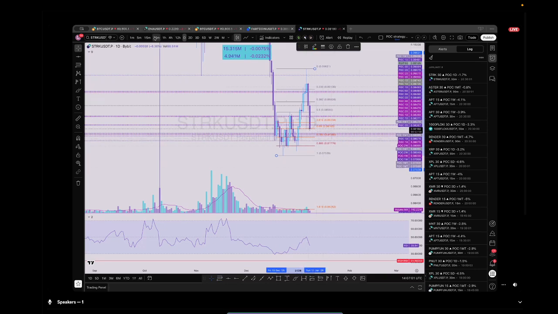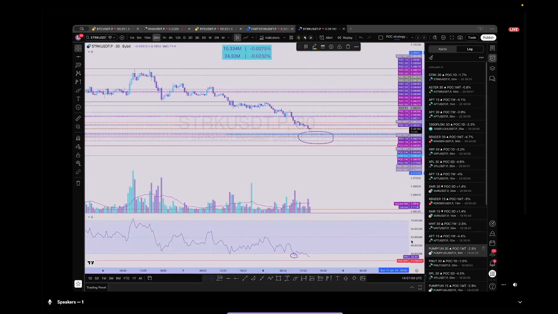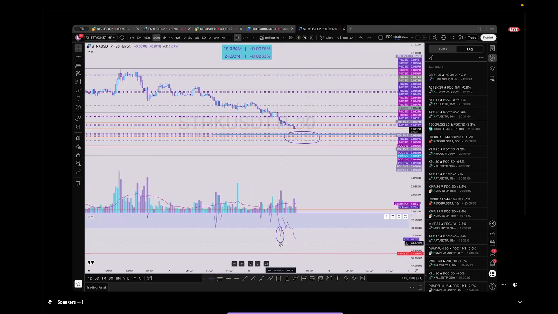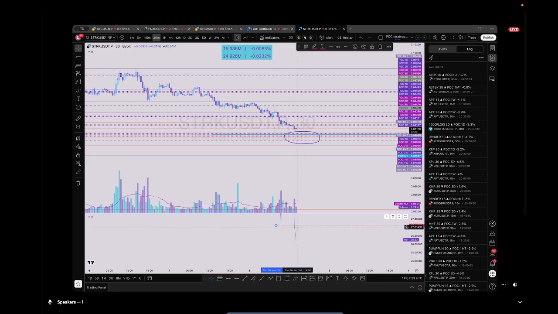Yes. But as you can see, this trade is already invalidated, because we had here a candle close that is below. So we had a new lower low on the RSI. So this is not valid anymore, so I will just skip it.